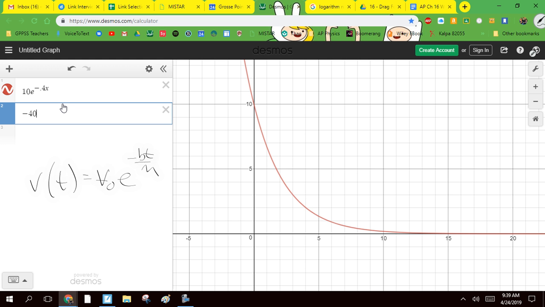So I need 40, is that right? What's 40 times 0.4? Not 10. So what number times 0.4 is 10? 10 divided by 0.4 is 25. 25, final answer. I think that's right. e to the negative 0.4x. So that's what the derivative of this function looks like, plus c.